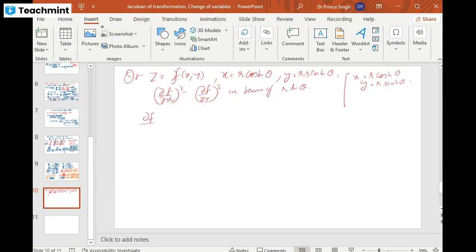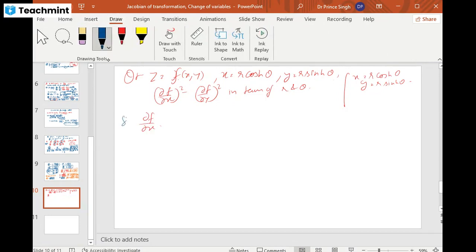So what is curly f upon curly x? Here we use the concept that this is 1 upon Jacobian of transformation. The Jacobian of transformation will be Jacobian of x, y with respect to r and theta, times Jacobian of f, y with respect to r and theta. And curly f upon curly y is 1 upon Jacobian of transformation times Jacobian of x, f with respect to r and theta.